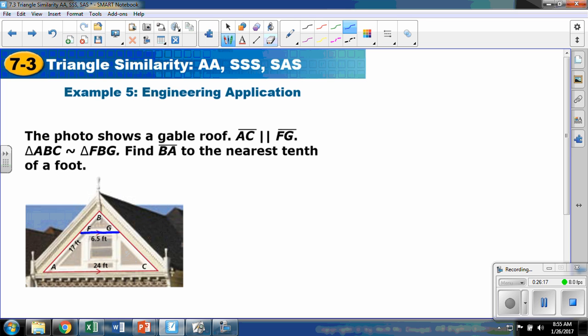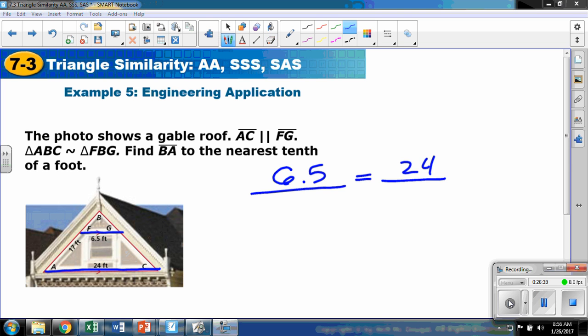6.5 would clearly correspond with 24. Okay, so 6.5 will match 24. What are another pair of matching parts? Now we, of course, need to keep in mind what it is that we're trying to find.